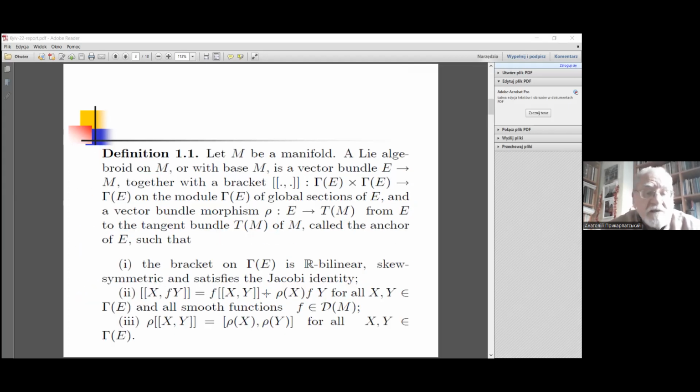So this object is defined in such a way, and it was in some sense inspired by a construction in differential geometric structure related to the symplectic structure on a manifold endowed with a symplectic structure.